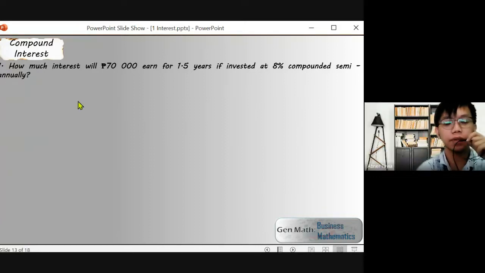So always remember that we need to understand first yung problem before we can proceed with the solving part. So, ano ba yung nire-represent ng values na 70,000 pesos, and then 1.5, and then 8%? And of course, obvious naman kung ano yung nire-represent nilang terms.